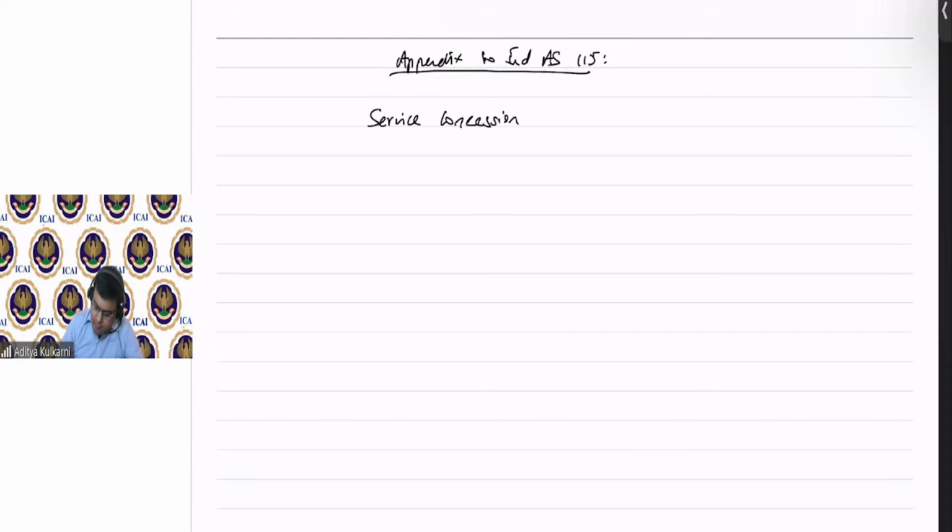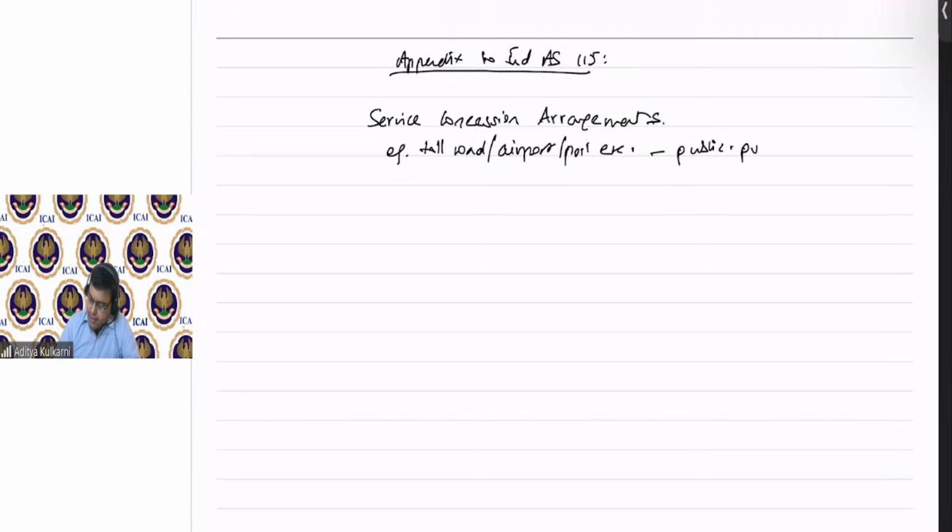Now, what is a service concession arrangement? Examples: construction of a toll road, construction of an airport, construction of a port, etc. Basically, a public-private partnership.